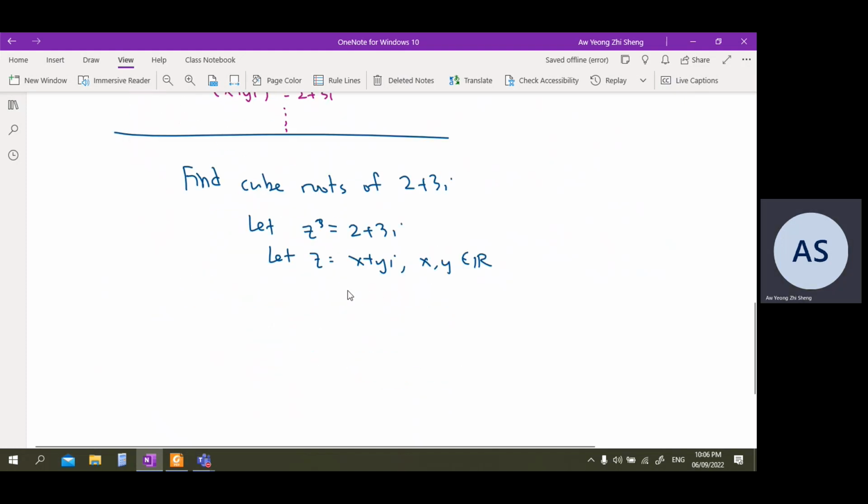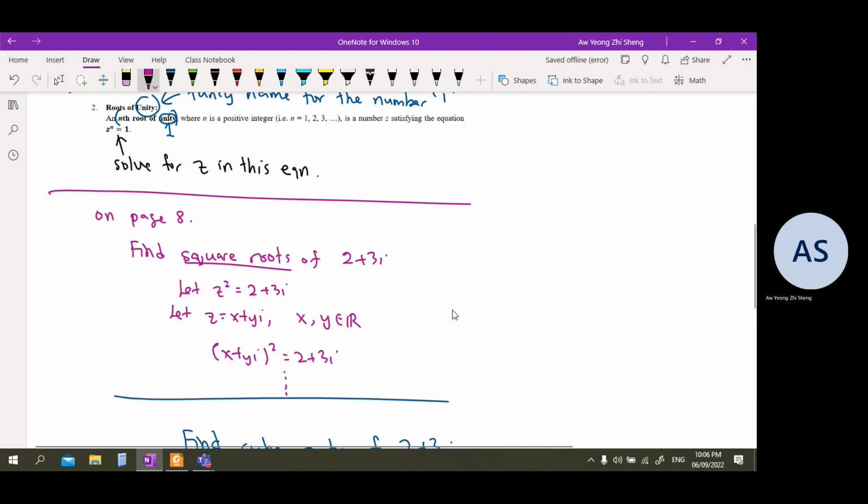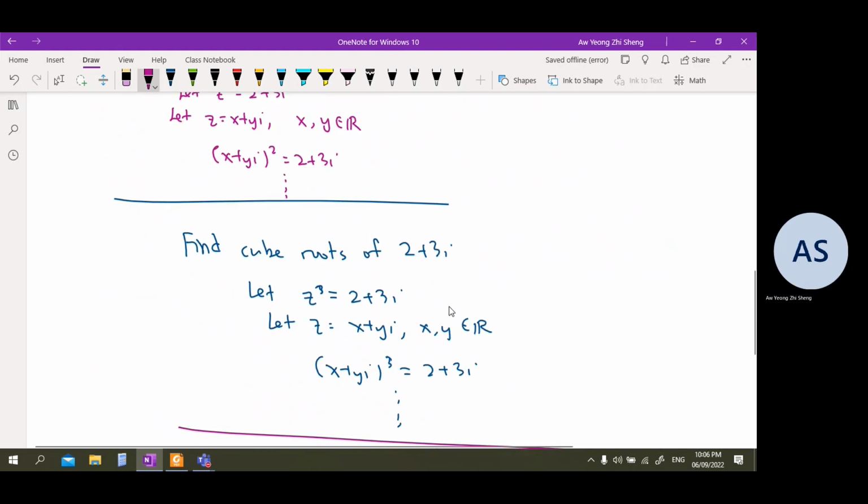Then (x plus yi) cubed equals 2 plus 3i. Later, when you compare real parts and imaginary parts, the expressions you get will be pretty hard to solve. So to avoid this tedious algebra, whenever we need to solve for roots of cube order and above, we prefer to use the polar form instead.